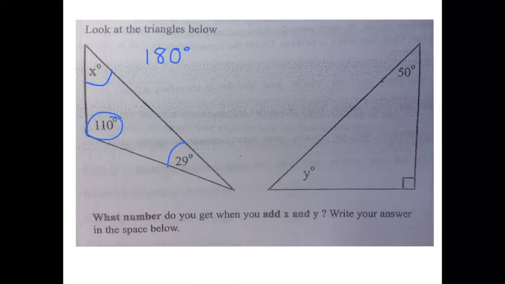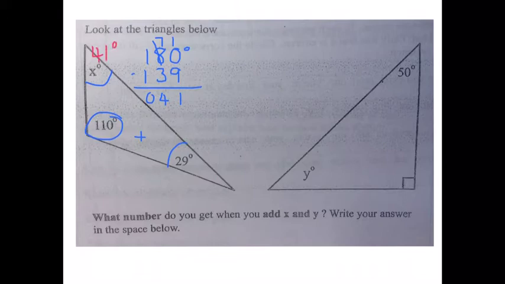We've got 110 and 29. 110 plus 29 brings me up to 139. We take that away from 180. 10 take away 9 is 1, 7 take away 3 is 4, 1 take away 1 is 0. So we now know that X is 41 degrees.